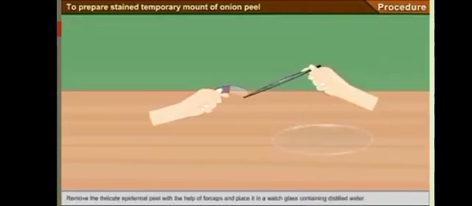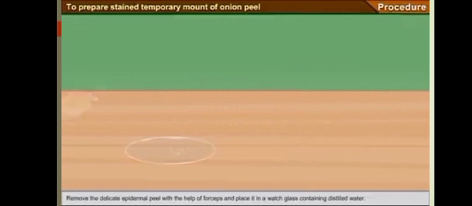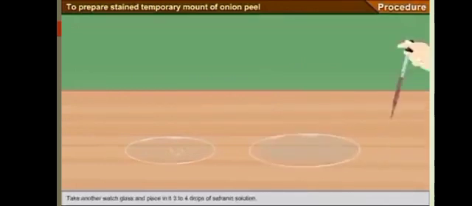Then we will take this onion peel into a watch glass, and before that we will take some amount of distilled water in the watch glass where we have to put it.